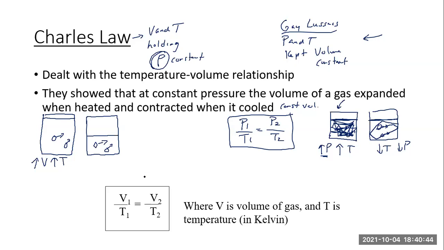The opposite would be true if we lowered the temperature in this situation. If we lower the temperature, and as I drew over here the volume did not adjust, we would start to see the pressure come down. But in Charles' law, we want to keep constant pressure. So the volume decreases as well.